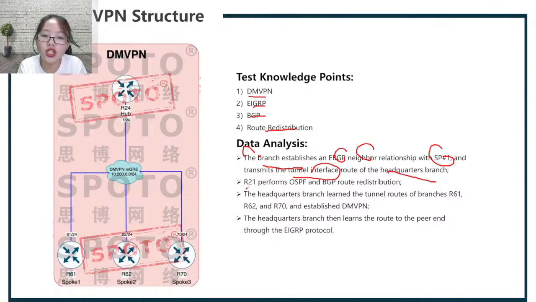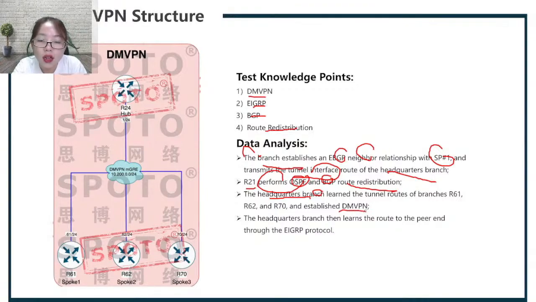And router 22 performs OSPF and BGP route redistribution, and the headquarter learns the tunnel route of the branches of router 61 and 62 and 70 and establishes DMVPN.